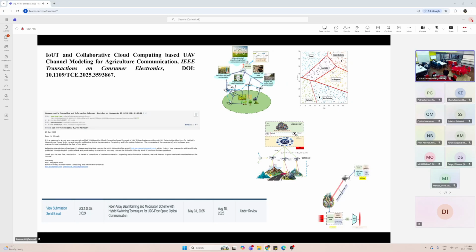So we have applied free space optics technology, which has fast communication links, low latency, and a high order of security rate. This work is currently under review in the Journal of Optical and Communication Technology.